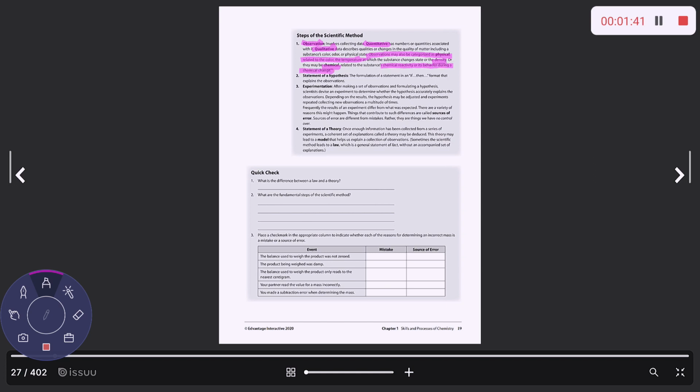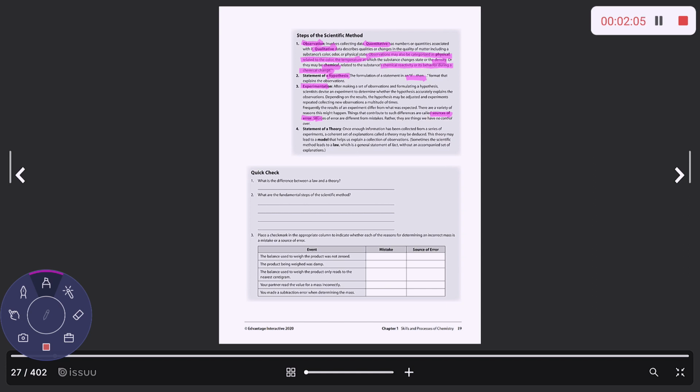Okay? Then we have a hypothesis, which is generally an if-then statement. And then experimentation is going to involve coming up with a way to test things. And then frequently, when we do experimentation, we will have things called sources of error. Now, be really careful with sources of error.